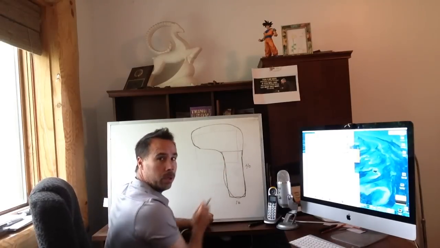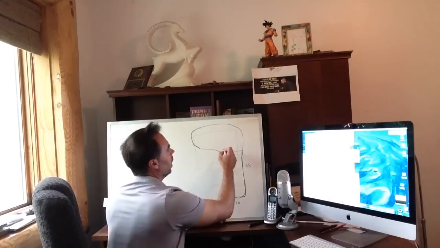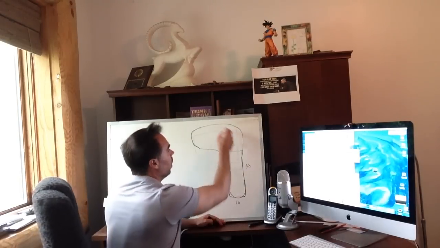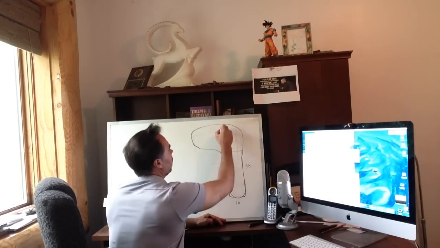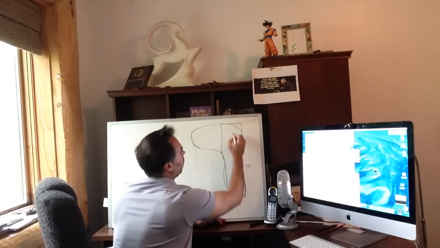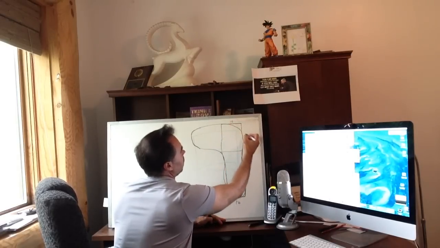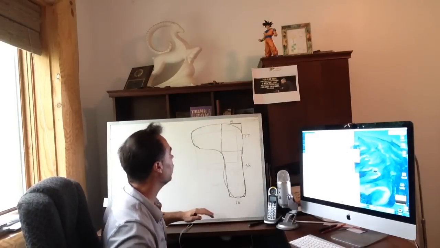So you break this portion of the yard up, and then you look at this one and maybe you have to do more than one square for a portion of a yard. So in this case, you go up like this, over, and down, and then this would be 10 by 30 for this portion of the yard.